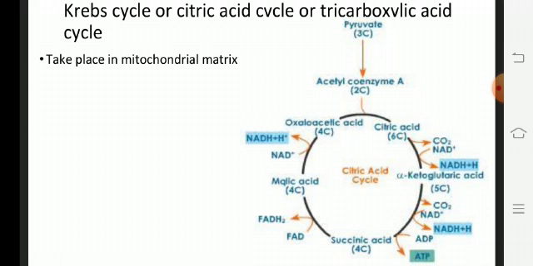This alpha ketoglutaric acid combines with coenzyme A, and is decarboxylated and dehydrogenated. Decarboxylated means removal of carbon dioxide, and dehydrogenated means removal of hydrogen, so these 2 hydrogens are accepted by NAD plus, which is reduced to NADH2.